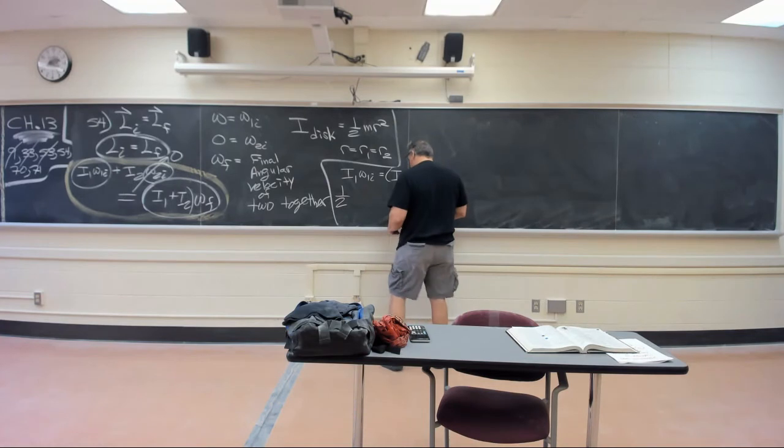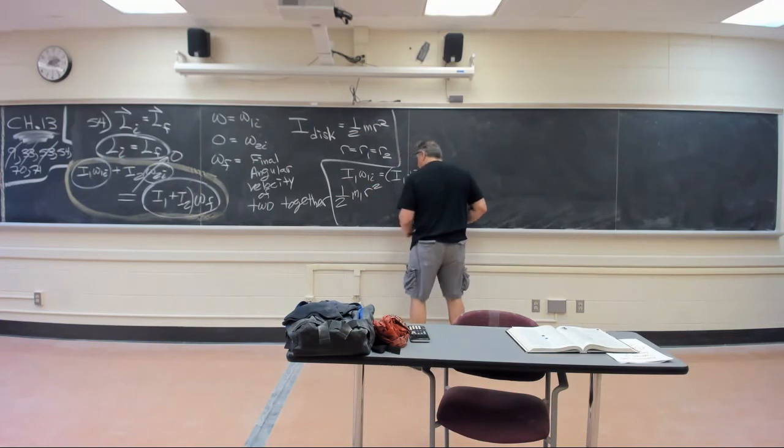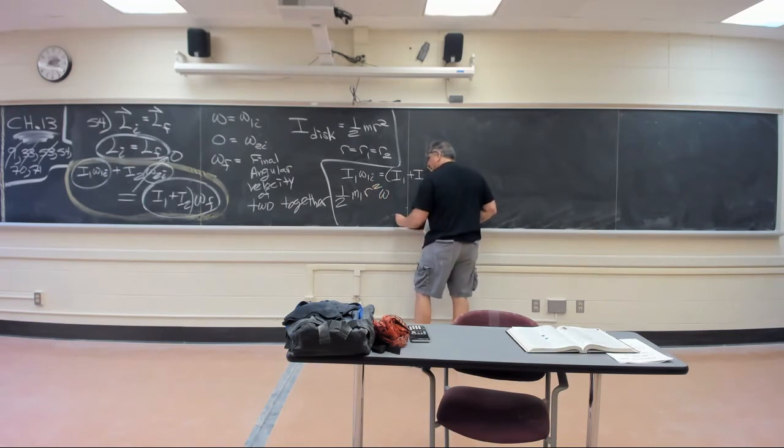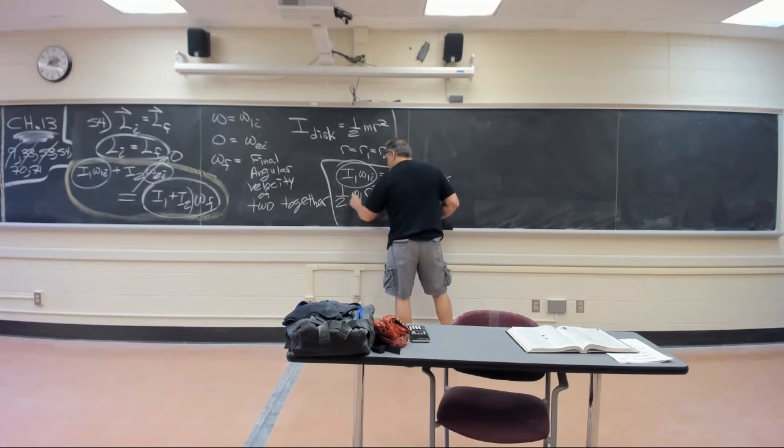So let's go here. We got 1/2 M1, let's just use what they told us, or some measure of it. We got this, times omega 1I, which is just this guy. This guy right here is this.